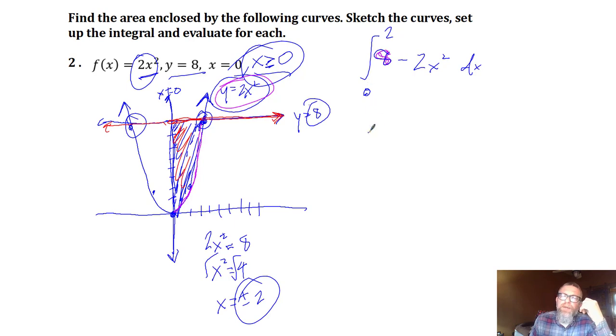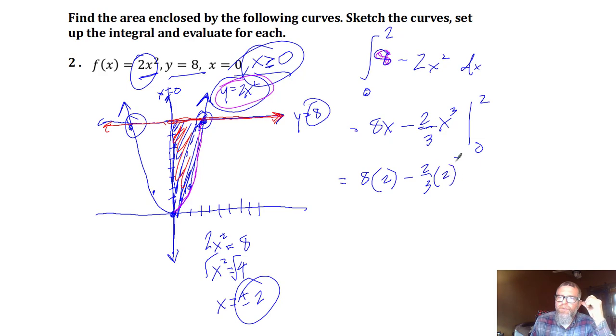So we're going to take the integral of that, the antiderivative of that. The antiderivative of 8 is going to be 8x minus 2/3 x cubed, where the new exponent goes to the bottom and the coefficient of 2 goes up top, and we're going from 0 to 2. So it's going to be 8 times 2 minus 2/3 times 2 cubed.